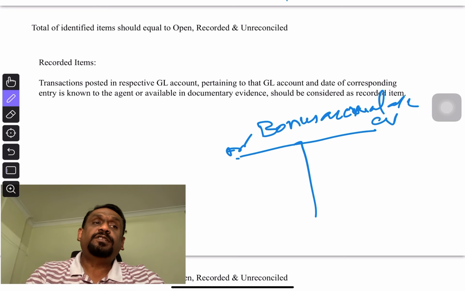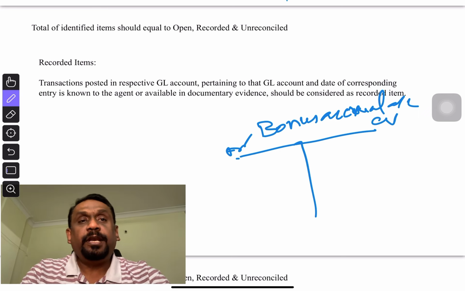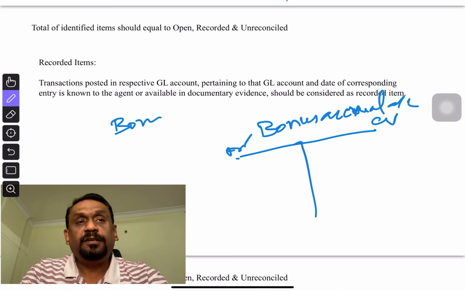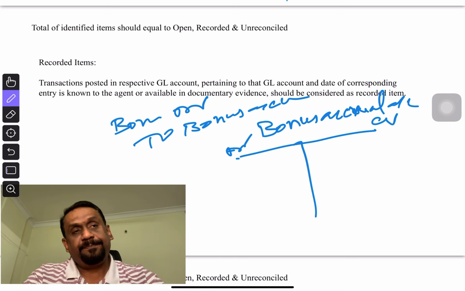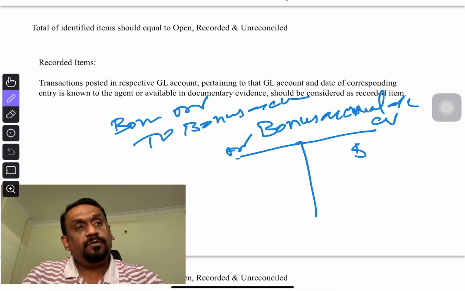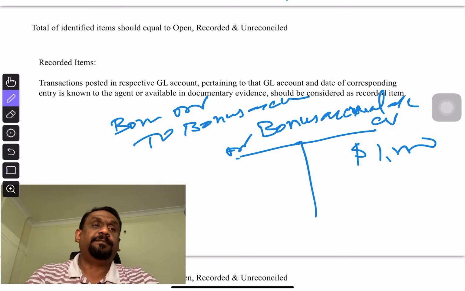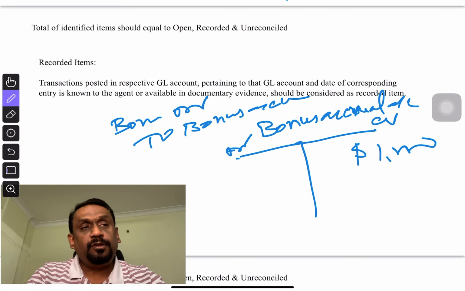What do you do with bonus accrual? We book an entry, right? Bonus expense debit to bonus payable account or bonus accrual account. Right? This is the entry. Let us say you posted $1,000 of bonus accrual. Every month you book an accrual, right?